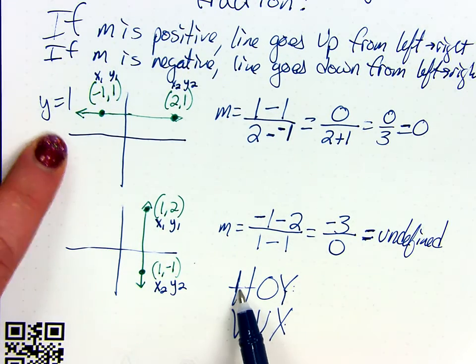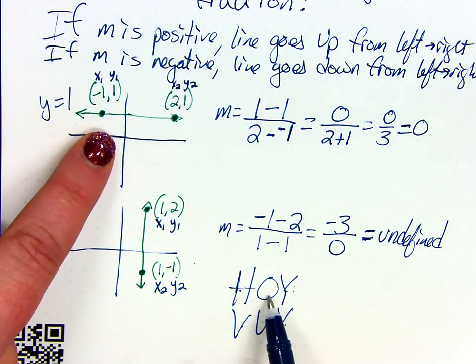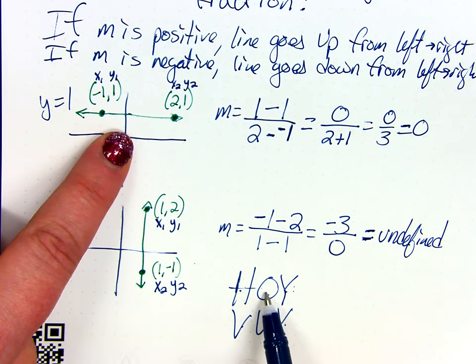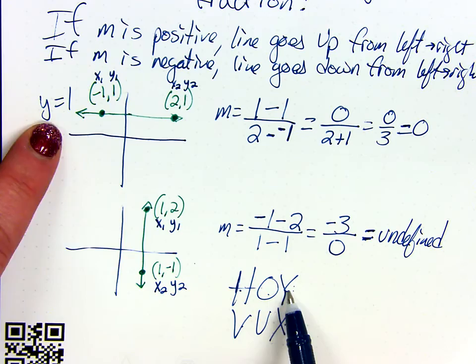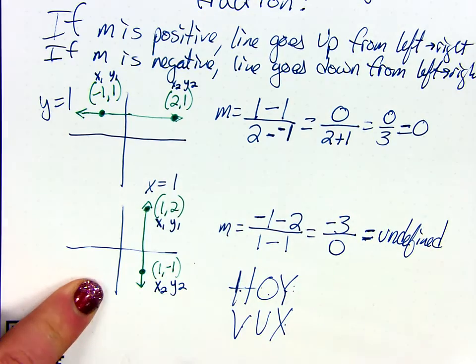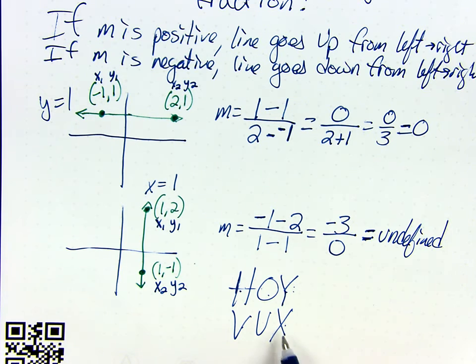You know that it's a horizontal line, so now you know the middle letter tells you what the slope is. So his slope is 0. And he will also be a y equals. This one, his equation is x equals 1. So he's an x equals, he's a vertical line. U stands for undefined. So the middle letter tells you what the slope of that line is going to be.